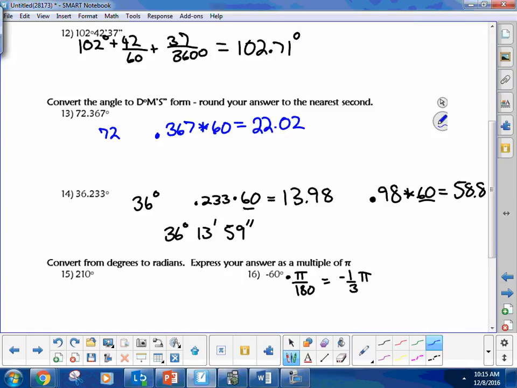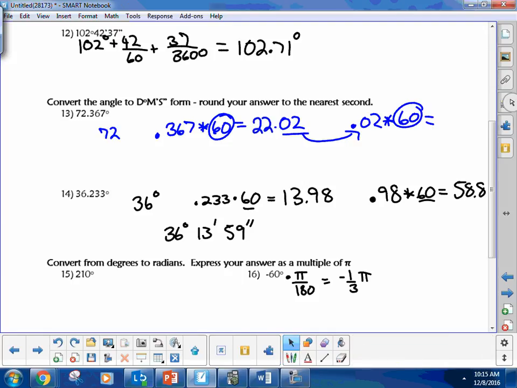Now I want to take the seconds portion, so it's really this 0.02 portion. And we're going to multiply it by 60 again, and that's what's going to represent the seconds and tell me how many seconds it is. So let's see what the solution is. It's actually this 60 and this 60 that makes the 3,600 in the last portion there.